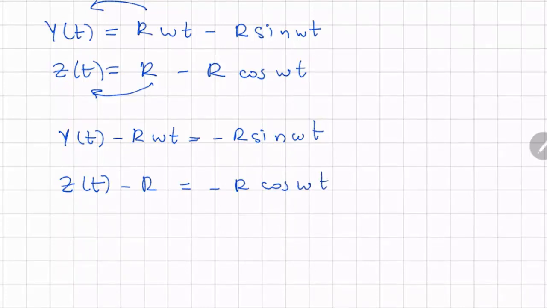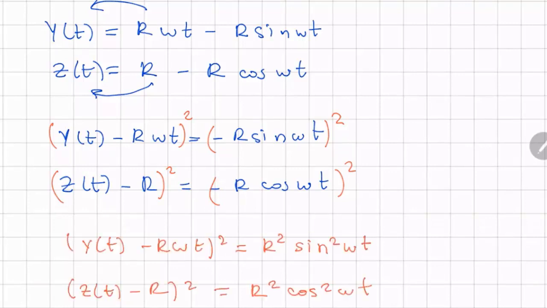Okay, guys. So now we are going to take the square on both sides of each equation, square here, square there, right? Basically we get something like this.